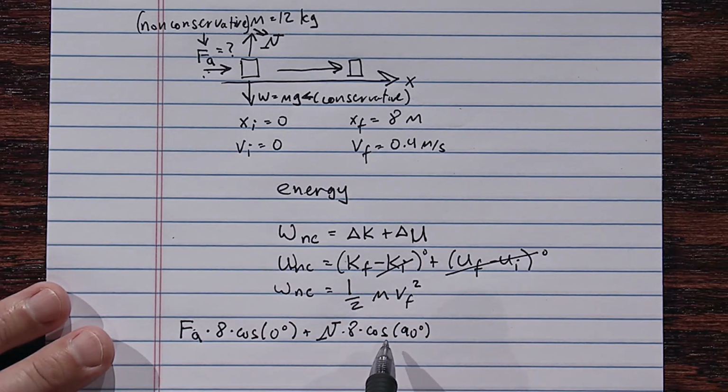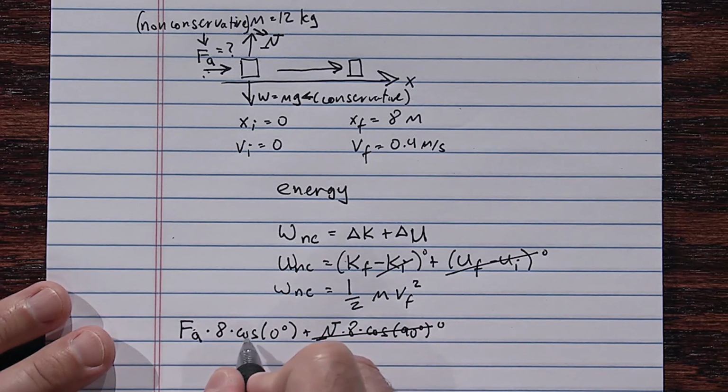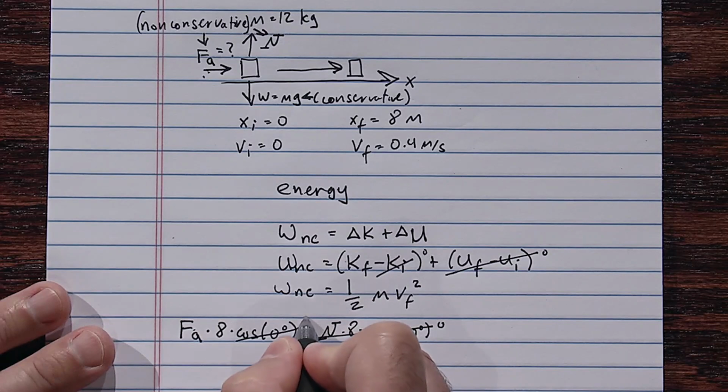And cosine of 90 degrees is 0, so that this entire term is 0. Because we're multiplying the normal force times 8 times 0, so all of that is 0. Cosine of 0 is 1. So that goes to 1.